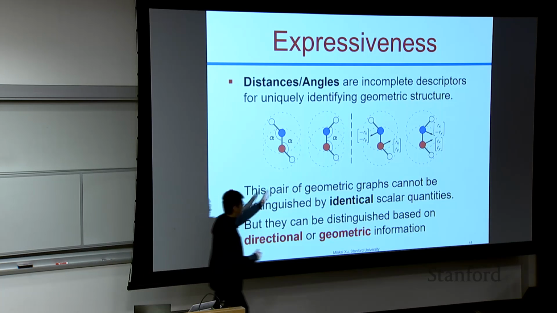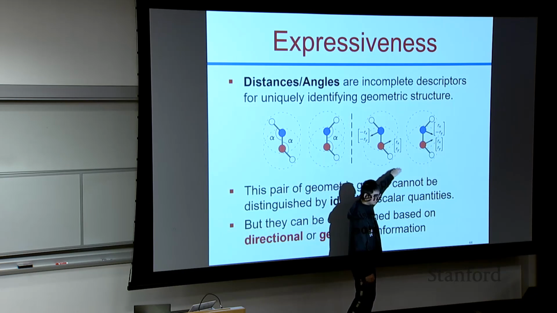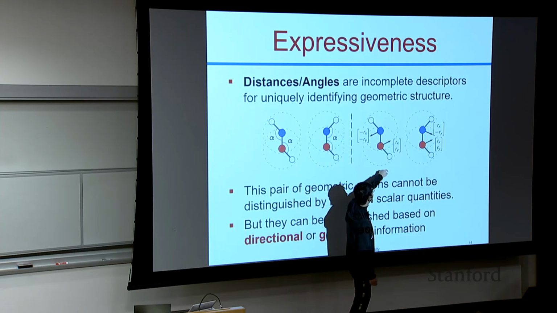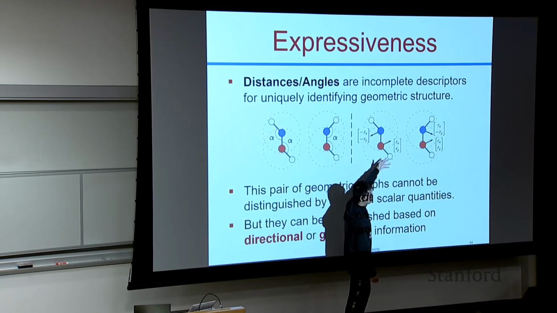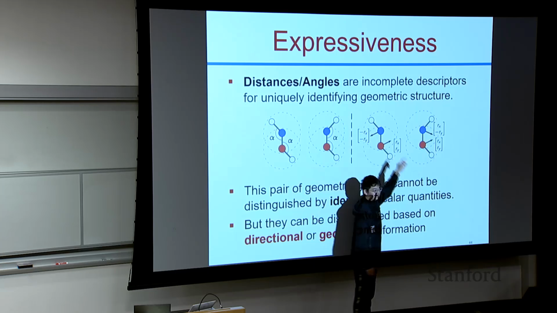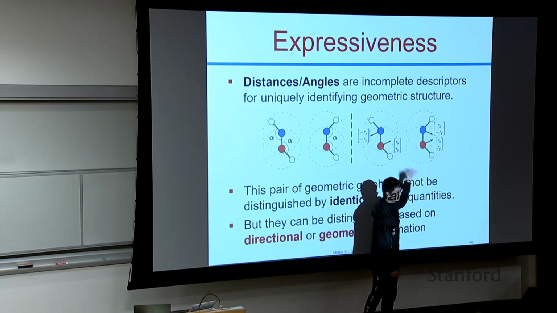But consider if we can truly incorporate some direction or tensor into the framework. When we add more description of these two nodes, like the middle direction of their two bonds, they can be distinguished now.